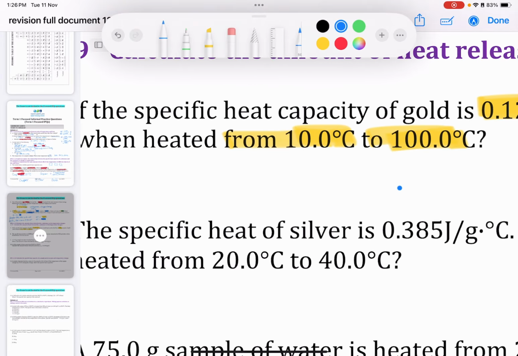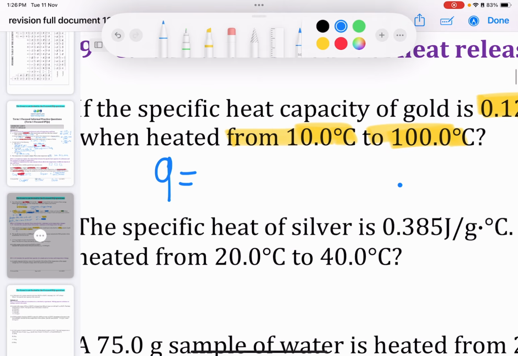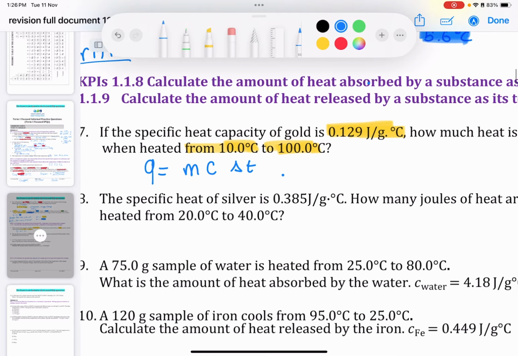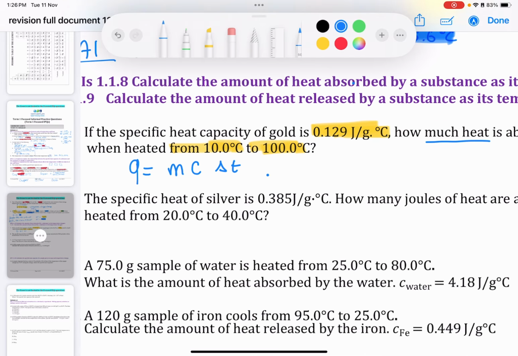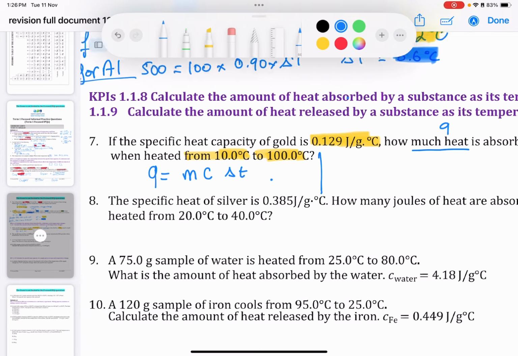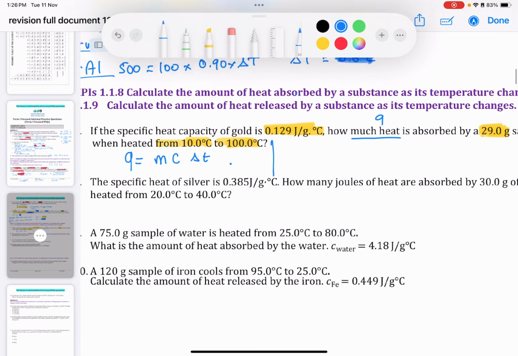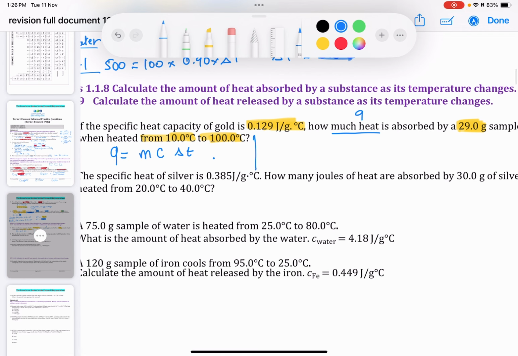So, Q equal MC delta T. They want us to find how much heat, the Q. So, the mass is 29 grams. The specific heat capacity of gold is given.